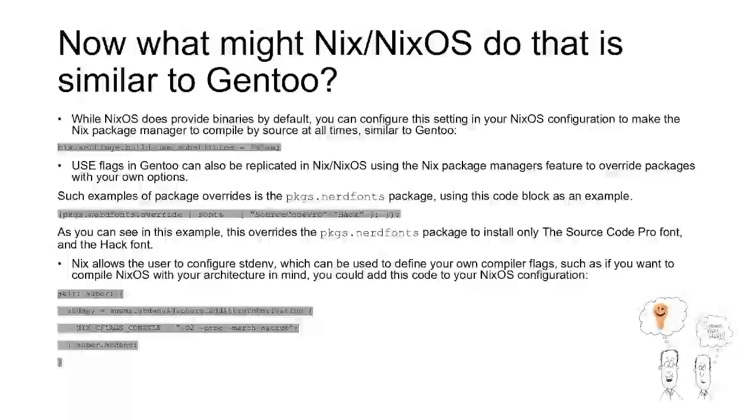You can edit the stdenv to include your own C flags, as you can see by this overlay right here. This could be added to your nixpkgs.overlays, which means you just get a custom stdenv, which is arguably what you want if you are a Gentoo user trying to move to Nix.